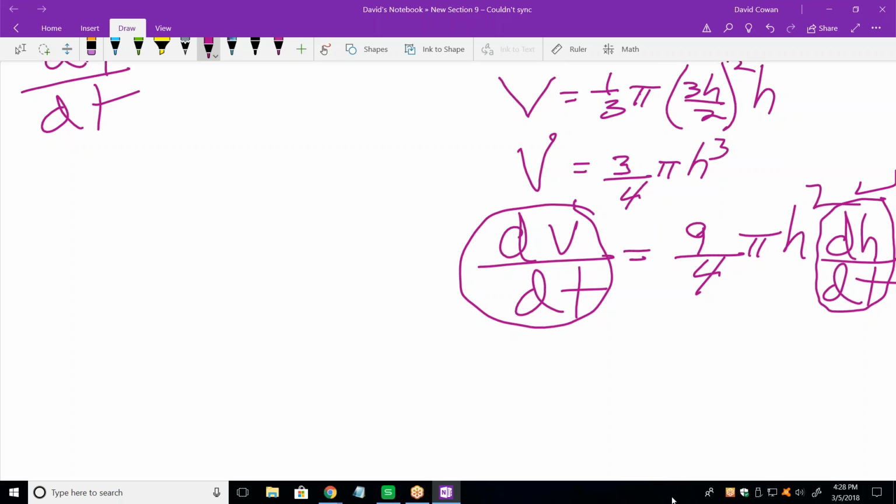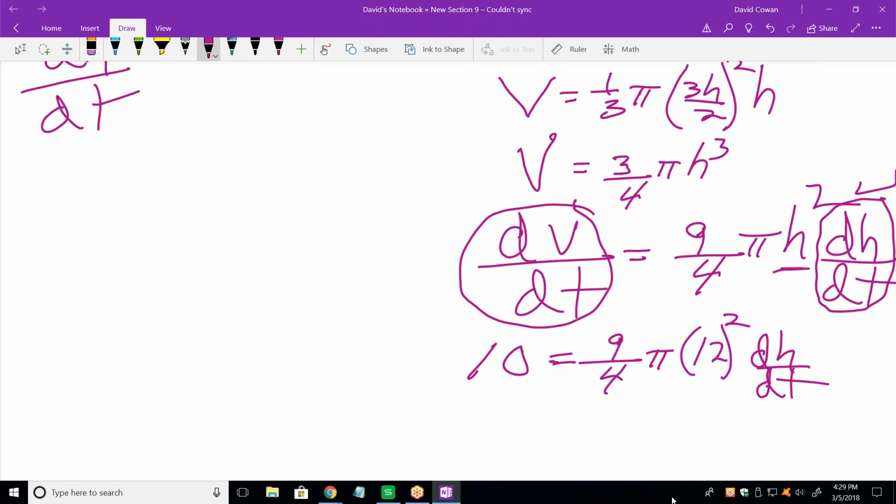And where it occurs, because those rates are going to be different depending on what h is. So I'm going to solve this equation when dV/dt is 10 and h is 12. What is dh/dt? How is the height changing with respect to time? Now, all you've got to do is solve that. Just isolate it.